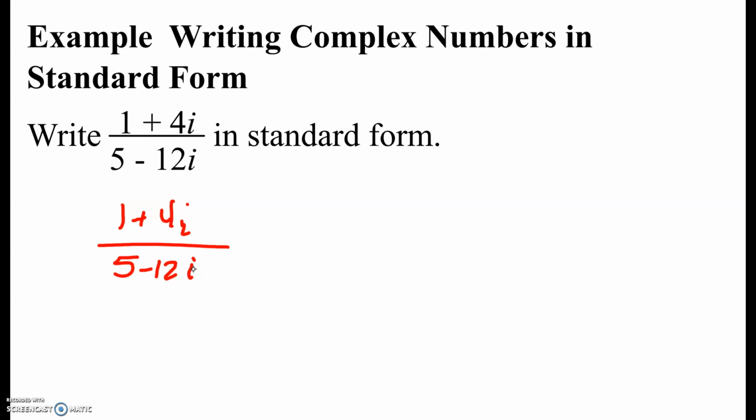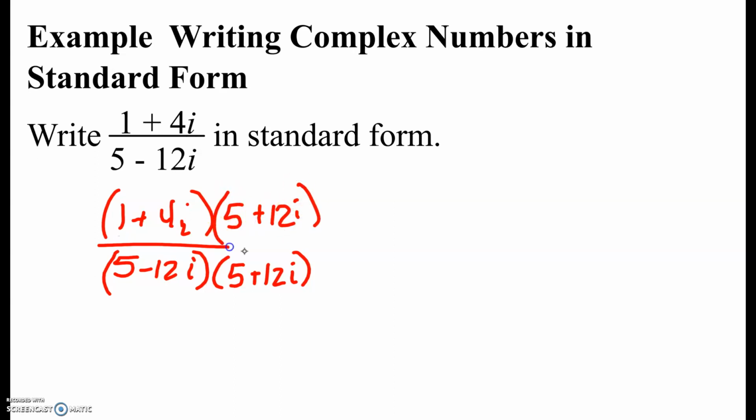And so we're going to multiply by the conjugate of the denominator, which would be 5 plus 12i. And we're going to multiply both the numerator and the denominator by that.